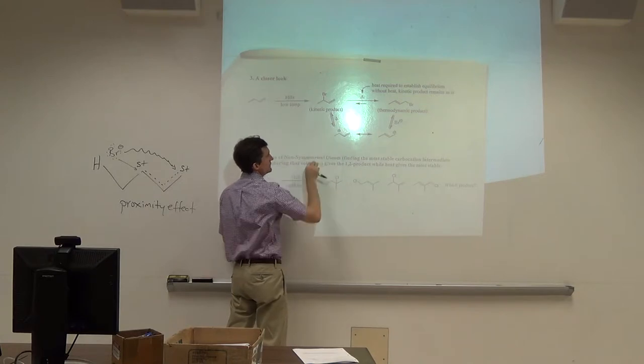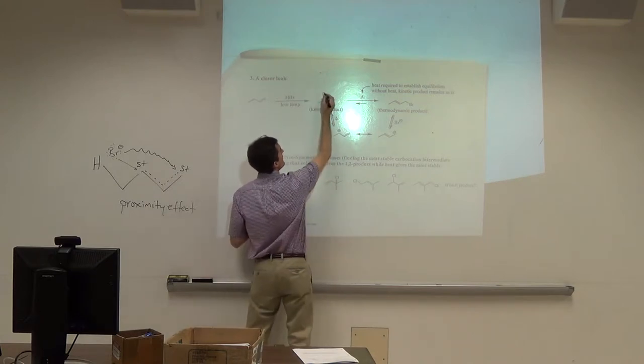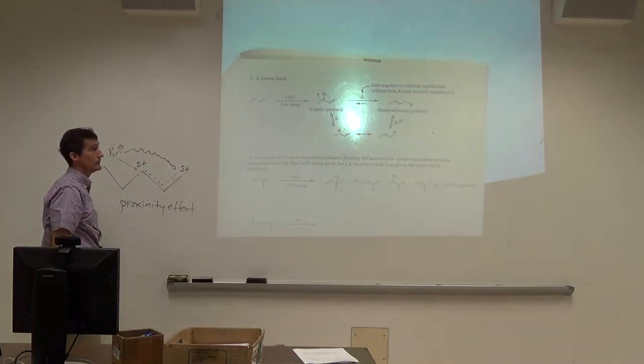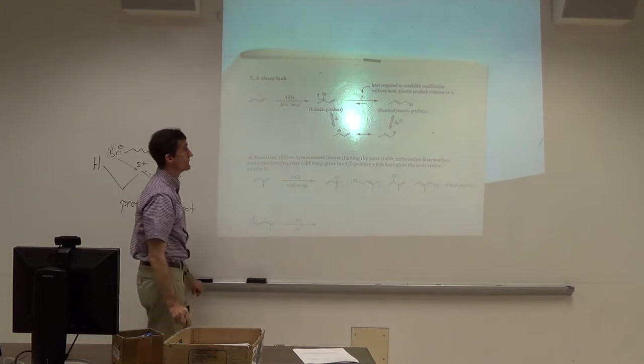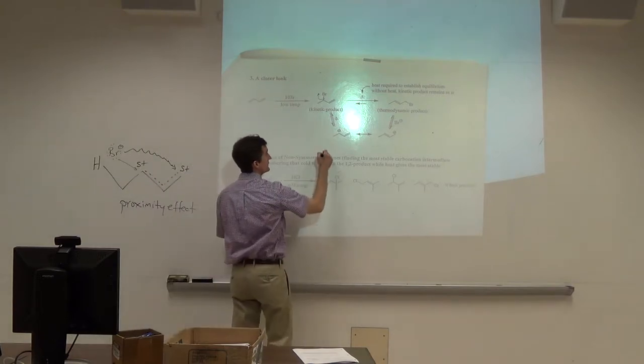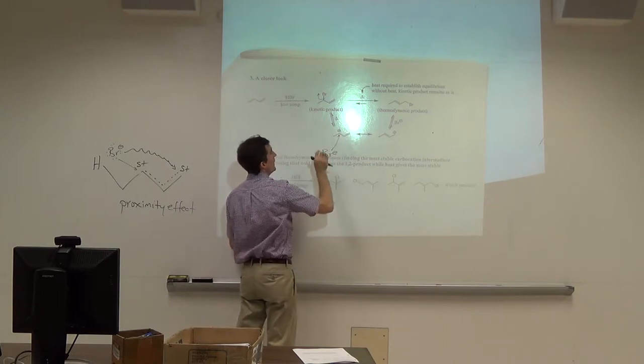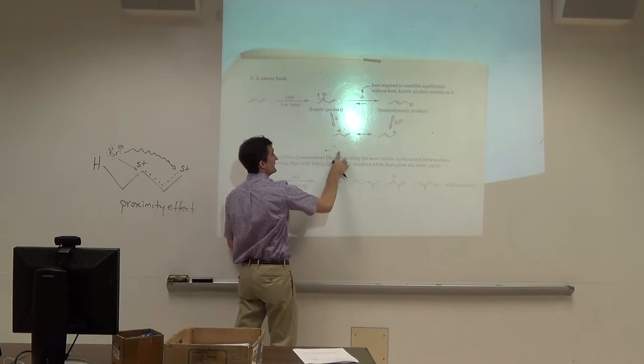And what's happening here when it reverses? The Br has to just leave. To get this product, we added the Br here, but the Br can just turn around and leave.